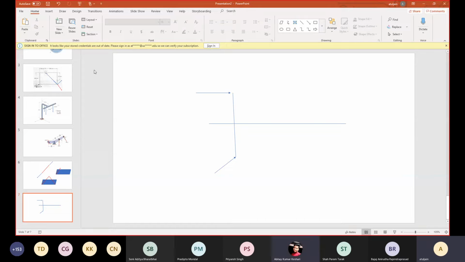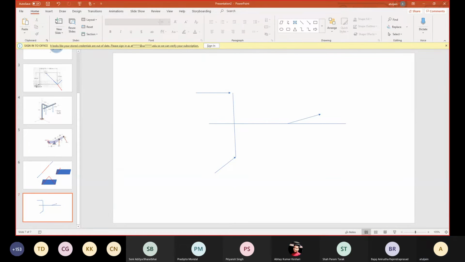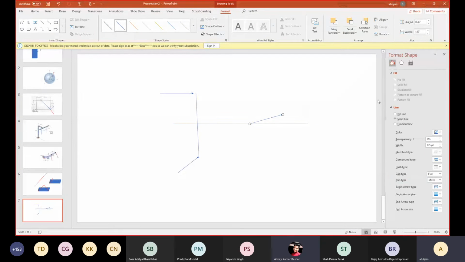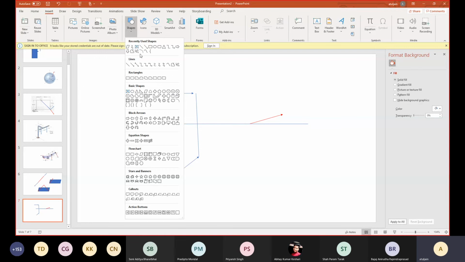Now, at point O, we found out that there was some resultant force, and where is that?